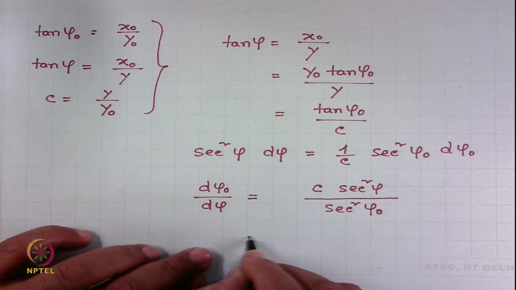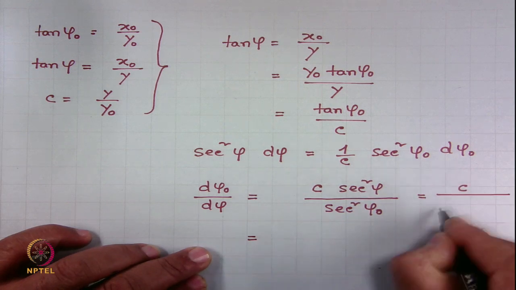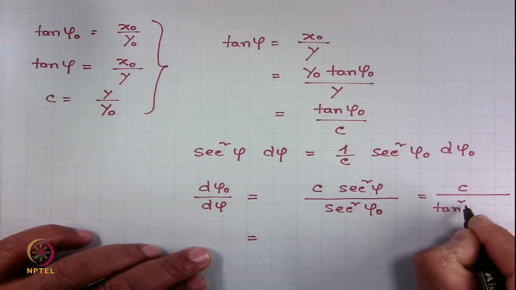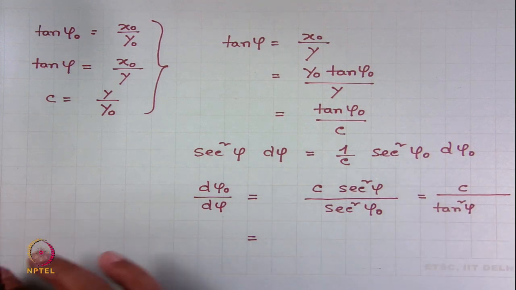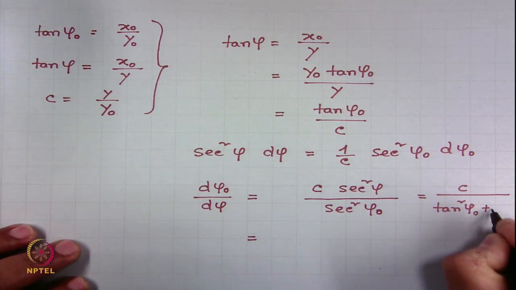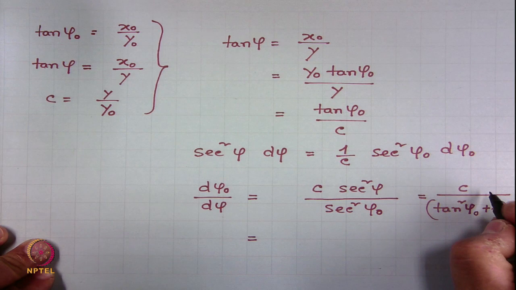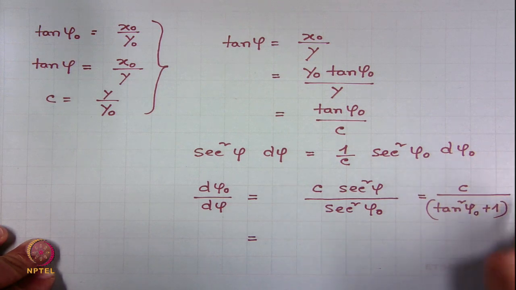Which is equal to C by cos square psi into tan square psi naught plus 1, since sec square psi is 1 by cos square psi.